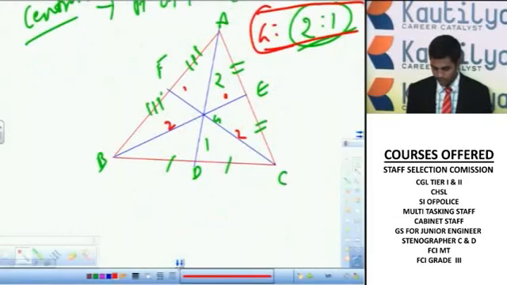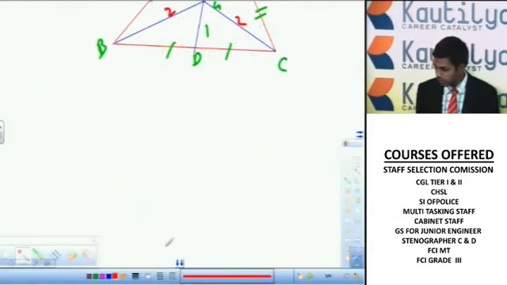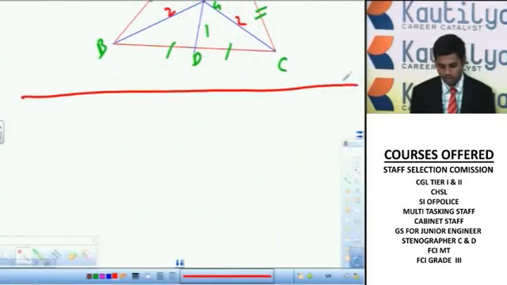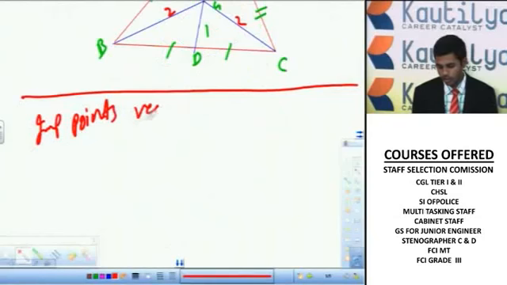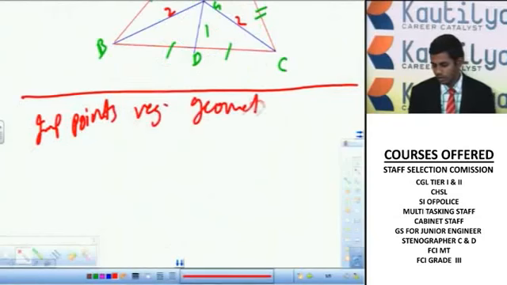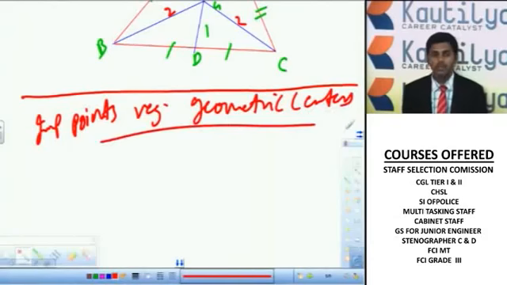Now, coming to important points regarding geometric centers. What are the basic important points for the circumcenter?